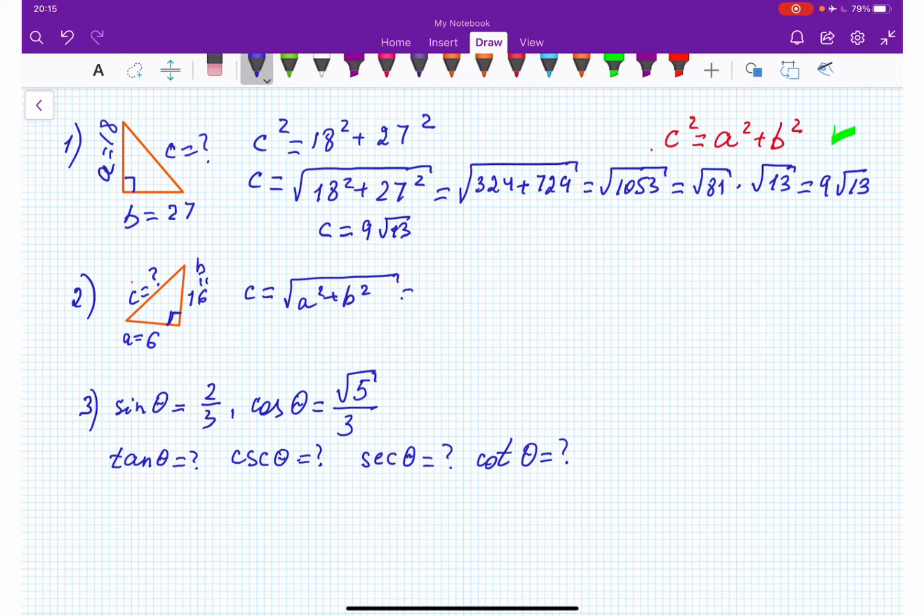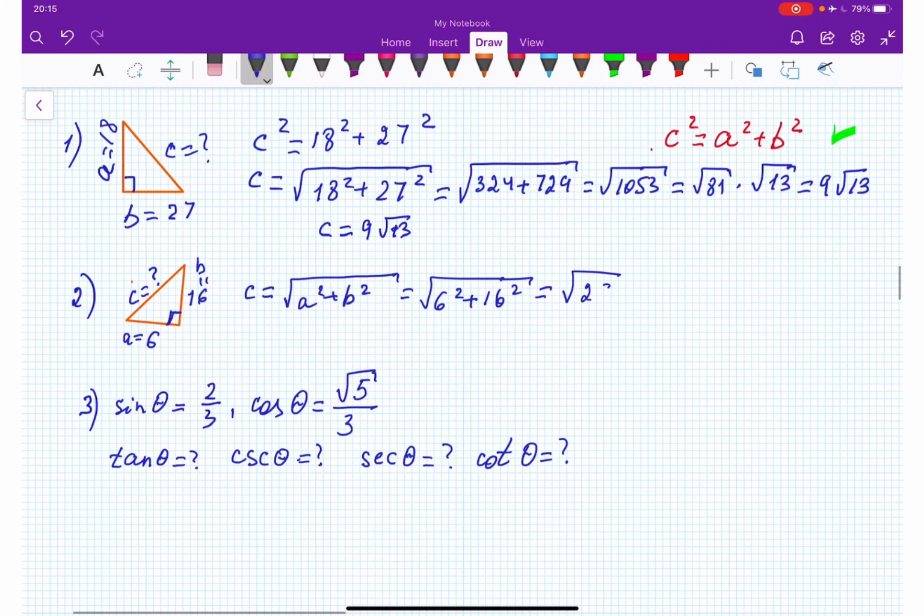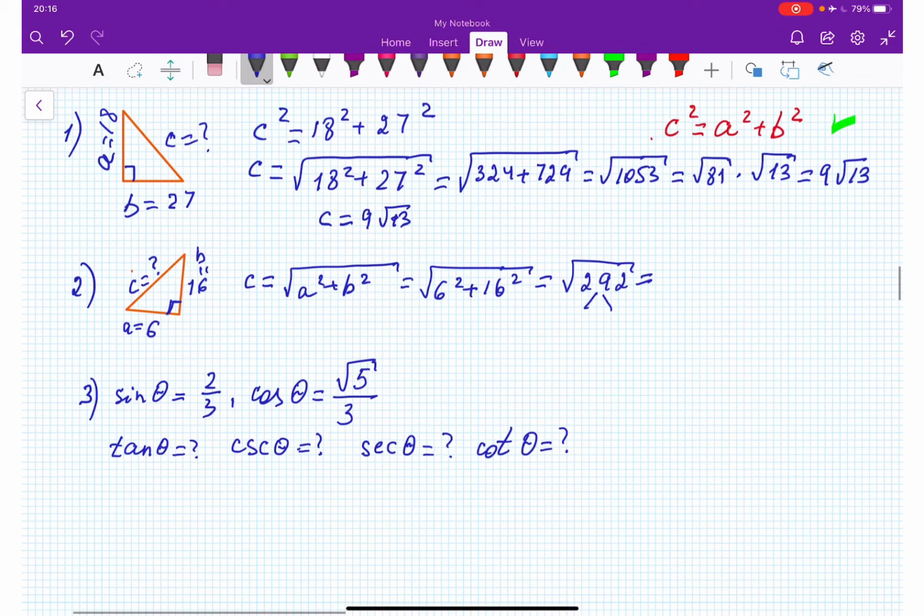Okay, so this is equal to the square root of 6 squared plus 16 squared. This is going to be equal to 292. And I can break it down into 4 and 73, 73 times 4.